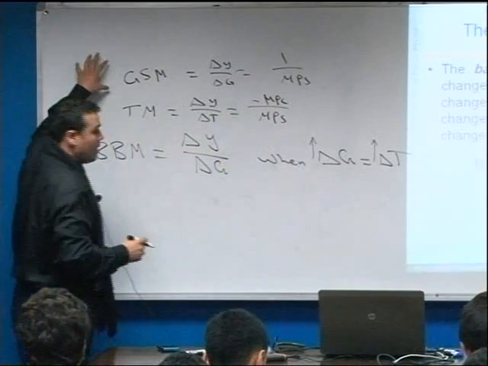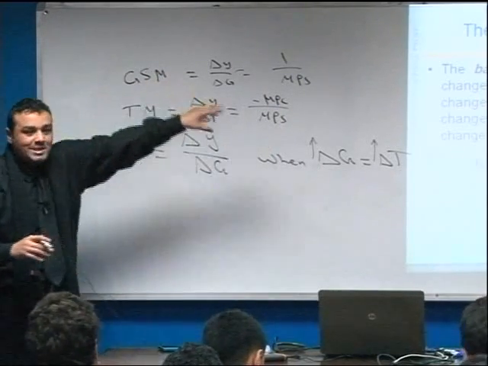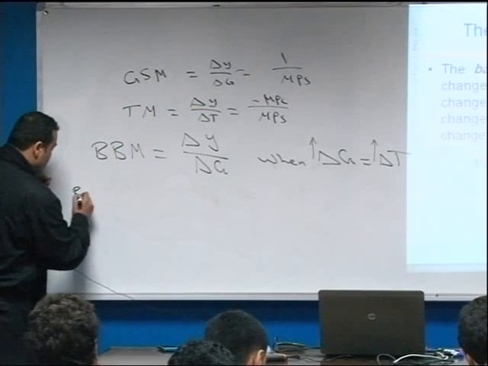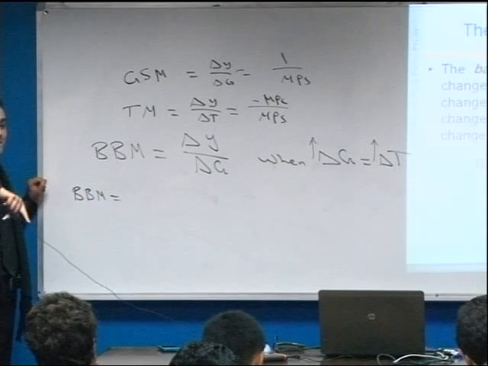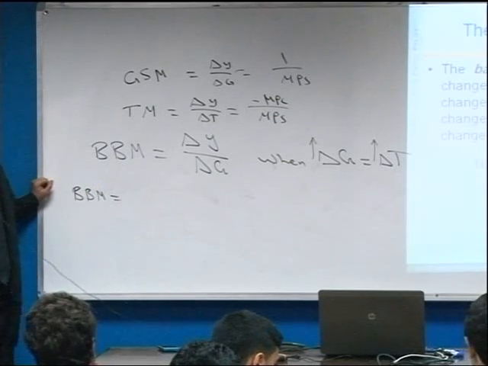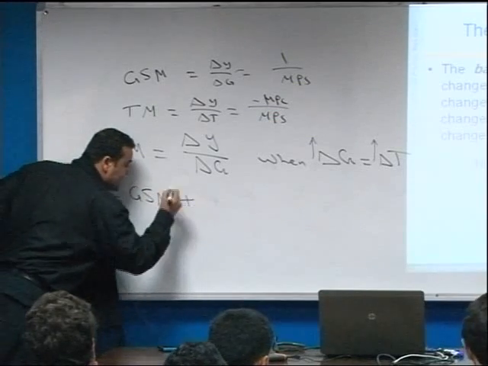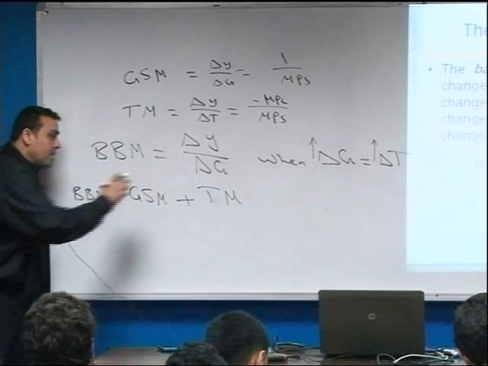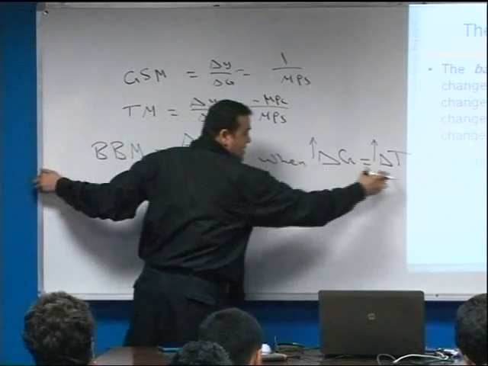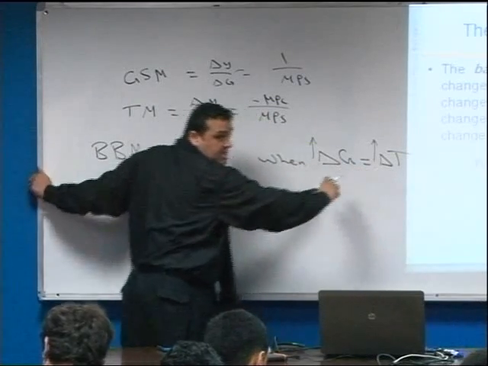As we mentioned, the balanced budget multiplier equals the government spending multiplier plus the tax multiplier, when the change in government spending equals the change in taxes.